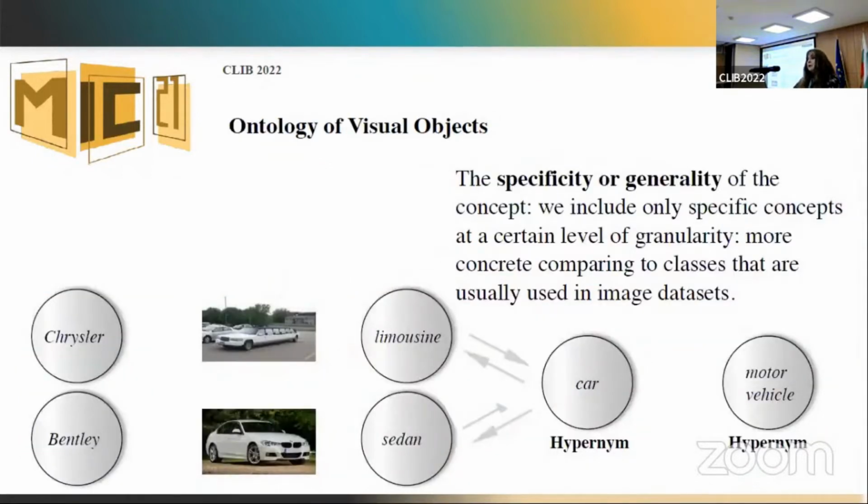What were the criteria for the establishment of classes in the ontology of visual objects? We have to decide between the levels of specificity and generality of the concepts. And we input in the ontology only specific concepts at a certain level of granularity, which is more concrete compared to classes that are usually used in image datasets.